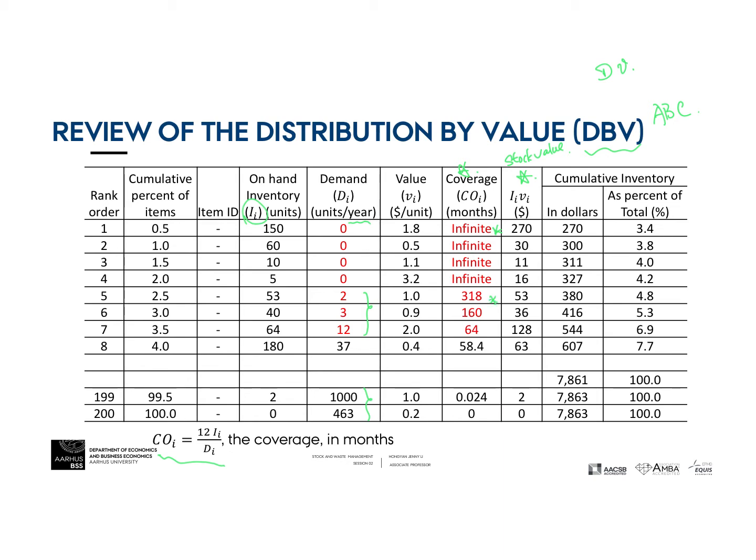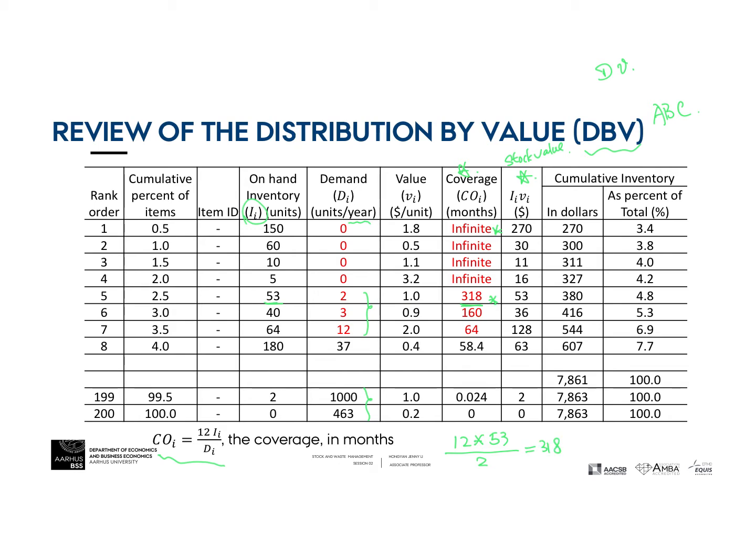Here the coverage is 318 months. How did we get this value? We use 12 times I for this item, which is 53 units, divided by the demand for this item per year, which is 2 units. That's how we get 318 months.